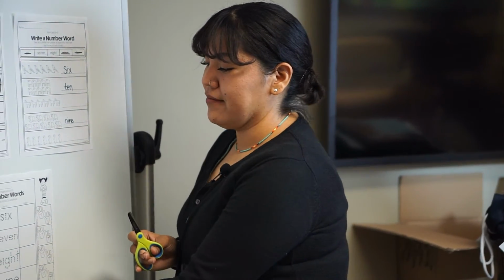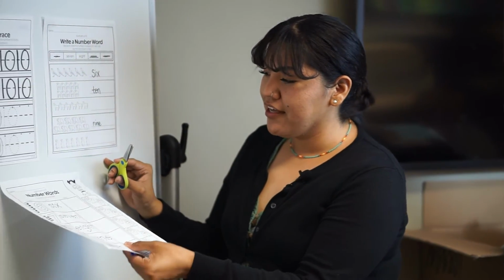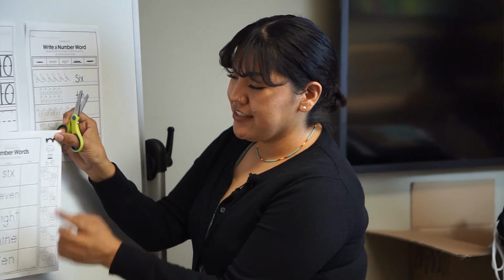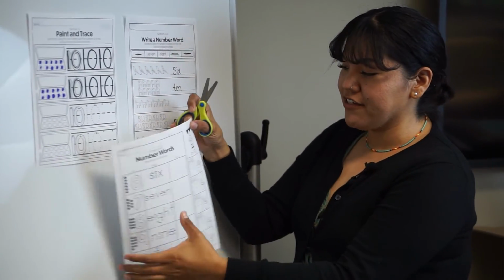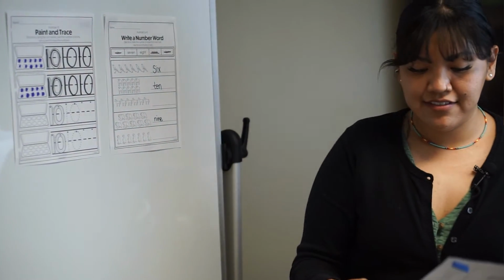So I'm going to take my worksheet off the board and I'm going to cut this section out, the hands with their fingers up. All right. So I'm just going to cut this piece out. You cut this piece out and then we can start.